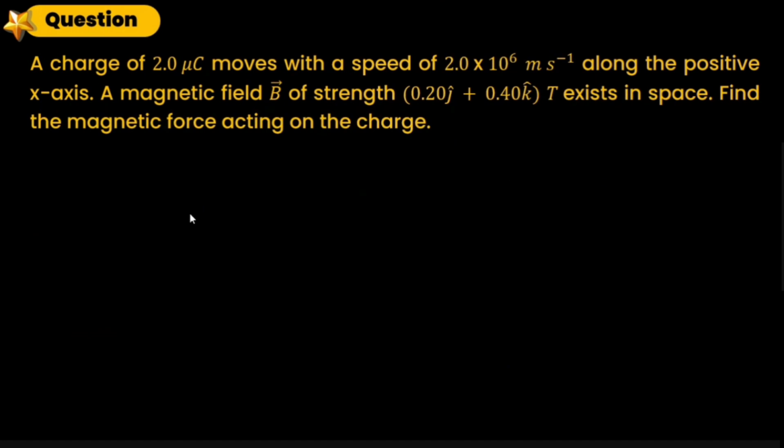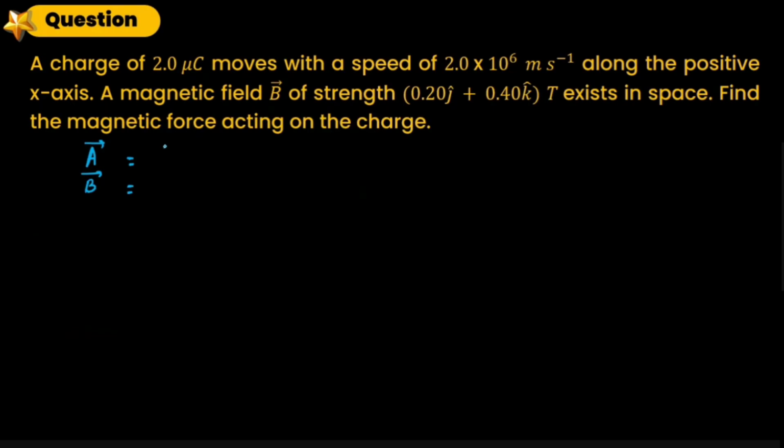In order to understand the magnetic force acting on the charge, we need to understand how we can find the cross product. In order to find the cross product, we have to understand how a vector can be represented. As we already said, a vector might exist in all three directions.